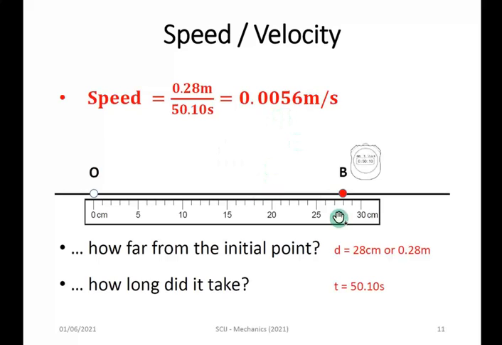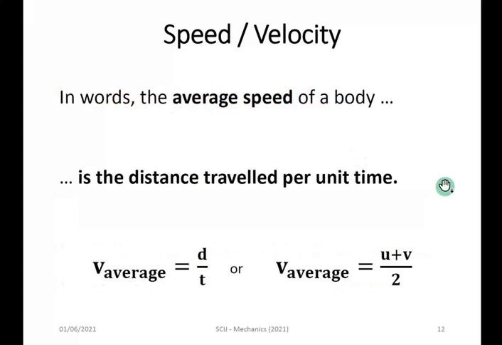It traveled a longer distance, but it was quite slow, because it took a longer time. Until you find this ratio, you will not appreciate which one is faster. You may only perceive that B has traveled a longer distance, but without the time, you will not be able to determine the speed. Okay.